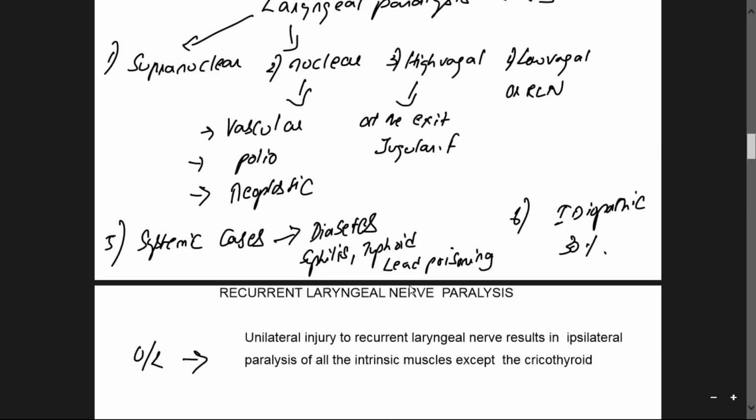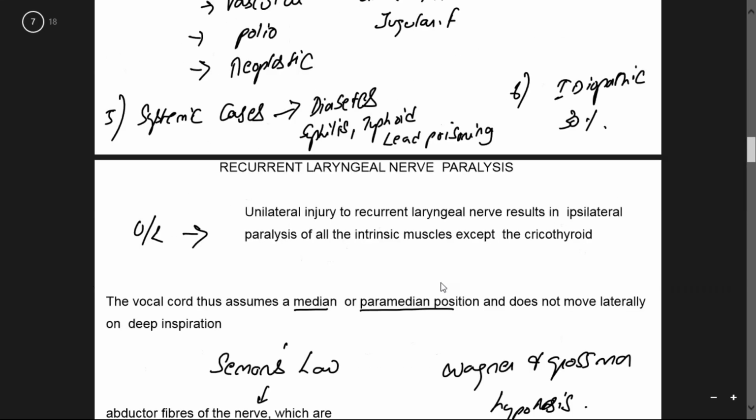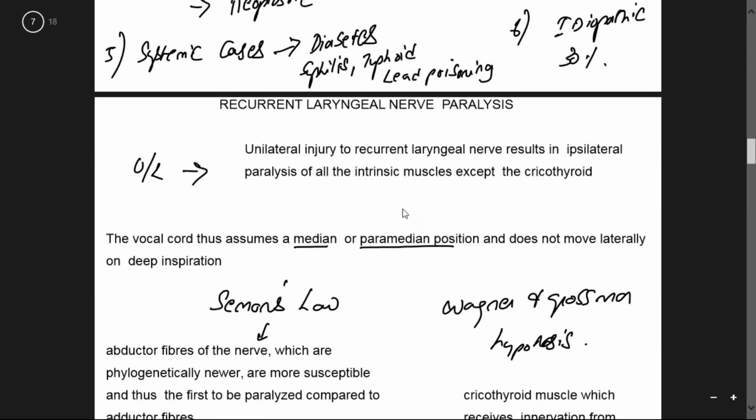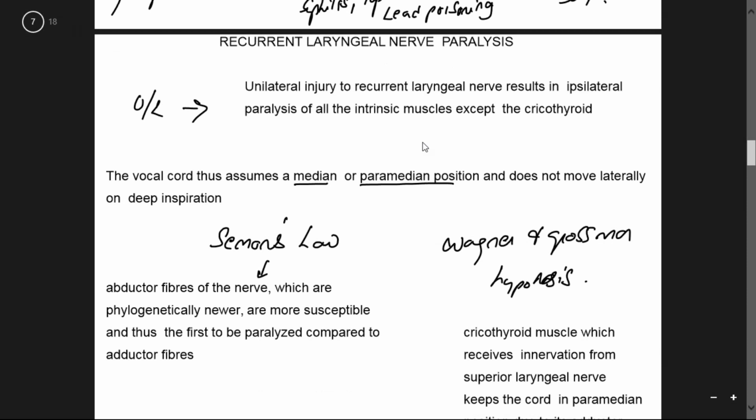Now coming again, recurrent laryngeal palsy can be divided into unilateral and bilateral. Let us say unilateral. So what happens in unilateral? Let us say we are doing a hemithyroidectomy, a thyroid surgery, in case of the left lobe of the thyroid.